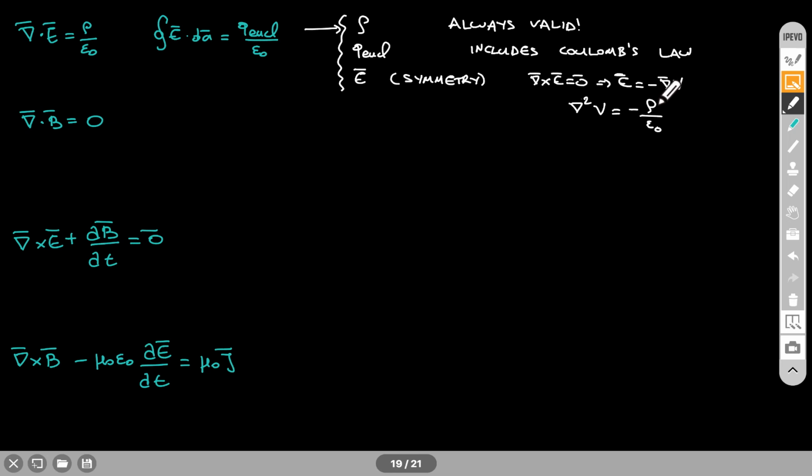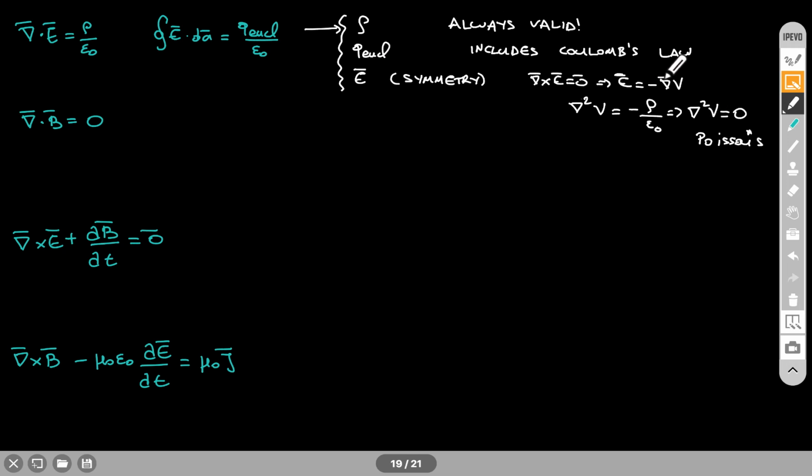If you have an area where the charge density is 0, then the Laplacian of the potential is equal to 0. And I want to remind you, this is Poisson's equation. We used Poisson's equation and the method of separation of variables along with the boundary conditions to find the potential in an area.